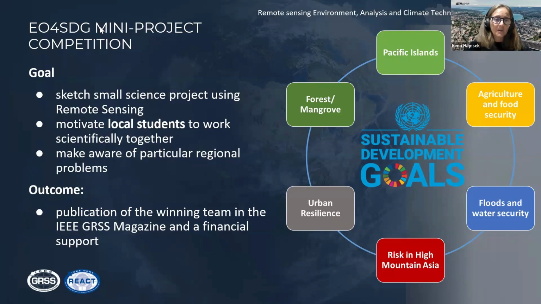The goal of the competition, our mini projects for Earth observation and the sustainable development goals, had different parts. The main part was to sketch a small science project using remote sensing data, and this is what the winners have done.